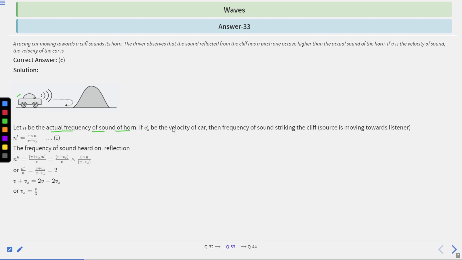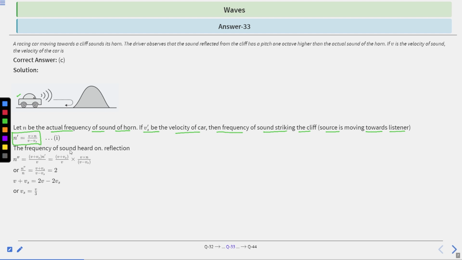Let Vs be the velocity of the car. Then the frequency of sound striking the cliff, since the source is moving towards the listener, is N prime equal to V times N divided by V minus Vs. Let this be equation first.